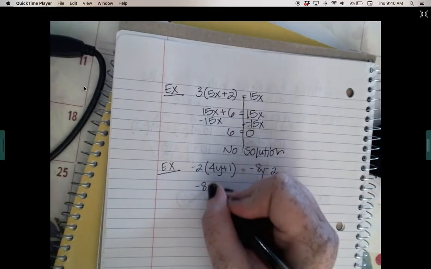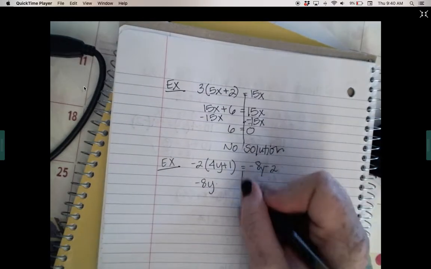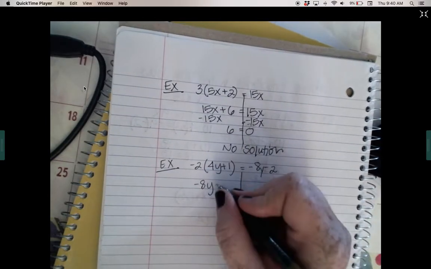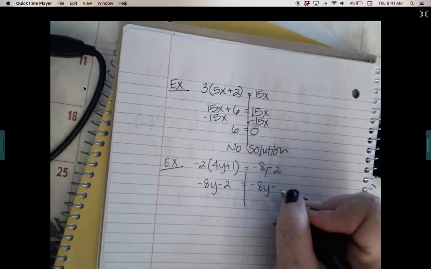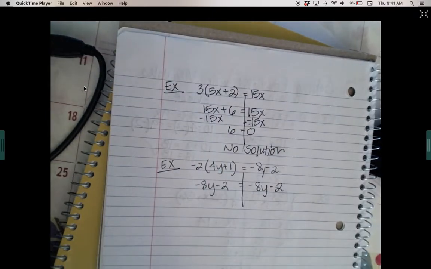Negative 8y. What's negative 2 times 1? Negative 2. So negative 8y minus 2 equals negative 8y minus 2. What do I do next? Both sides are the same. They equal each other. So that means that no matter what you plug in for y, it'll work.